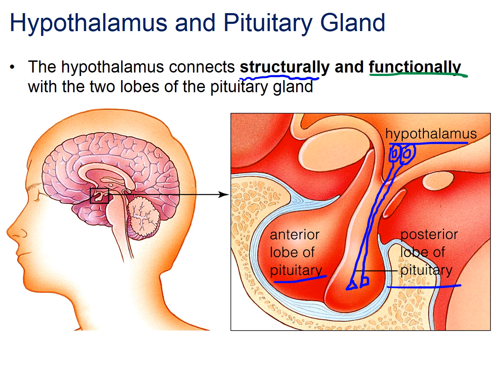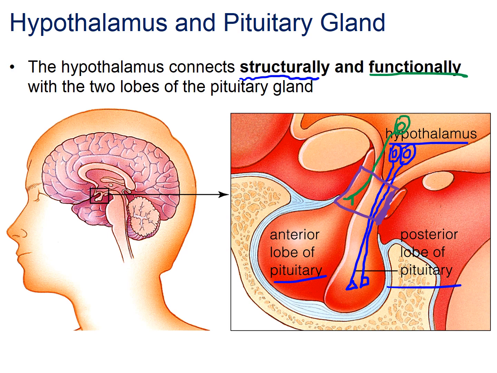So there are neurons that start at the hypothalamus, but instead of going all the way into the anterior pituitary gland, they end in this stalk region over here. So this part right here is what we call the stalk region. You can see these neurons start in the hypothalamus and then end in the stalk region.